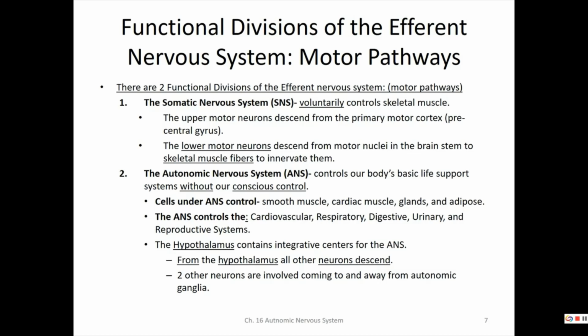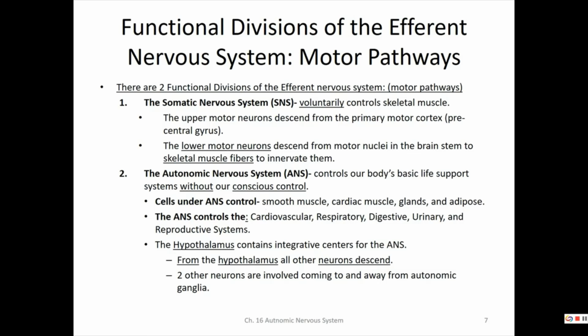So things like ejaculation or movement of gametes throughout the body will be controlled by autonomics, things like erections, stuff like that as well.